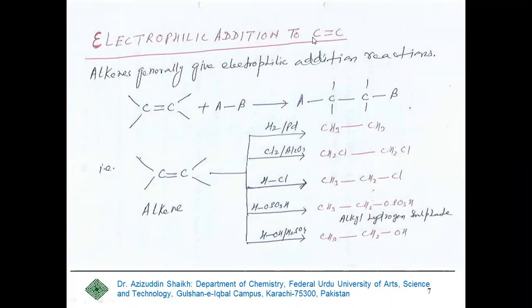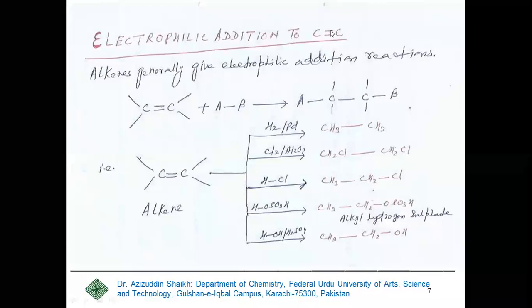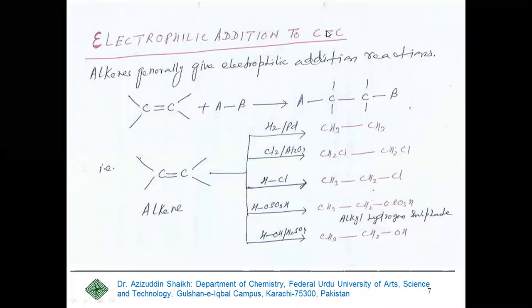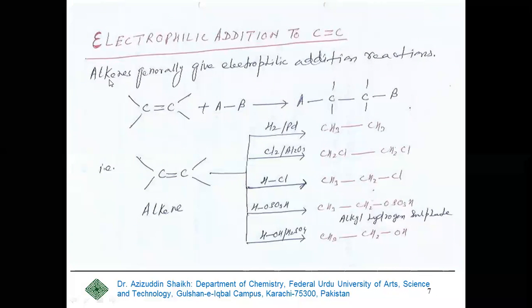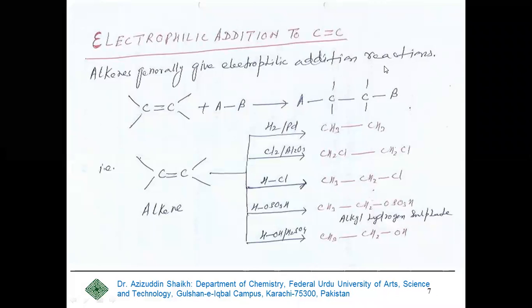Electrophilic addition to carbon double bond carbon. We have already discussed this carbon double bond carbon. This pi bond is nucleophilic in nature, so it is a nucleophile. It means the nucleophile will react with an electrophile, and the electrophile will be added. Alkenes generally give electrophilic addition reactions.